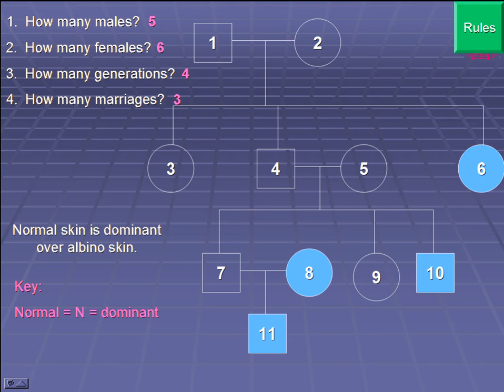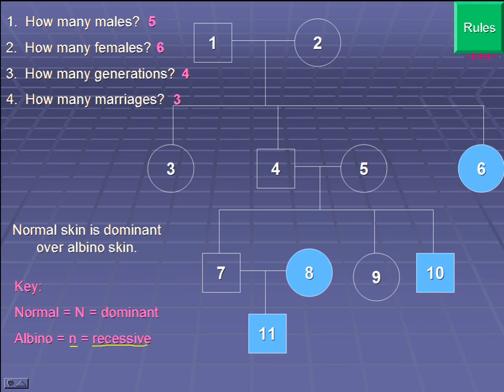So the normal skin color, whether it be black, white, yellow, whatever skin you have, that's going to be normal. Albino skin has no pigment in it, and it's very, very light colored. I mean, so light that you can easily tell it even on a person that's Caucasian. So we're going to signify that by the lowercase n, little n, and it's recessive.